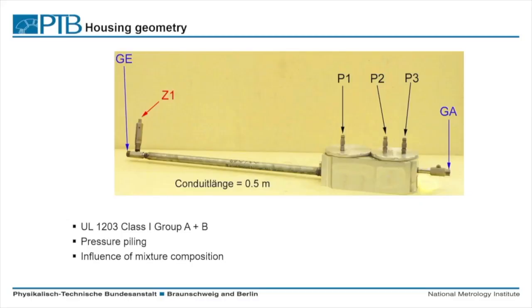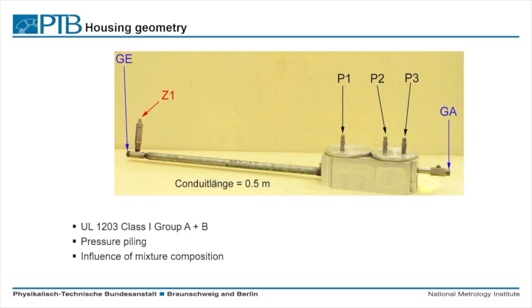And especially here, there is a separation between this part of the enclosure and this part of the enclosure. So following this US standard, you have to measure the pressure at different positions here, P1, P2, P3, and you have to measure this with different mixture compositions. And this is a specific US standard from UL, Underwriters Laboratories.